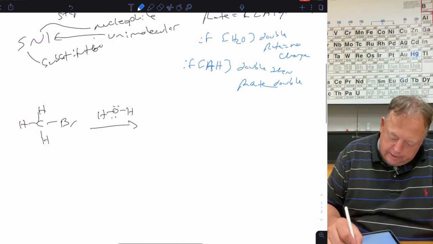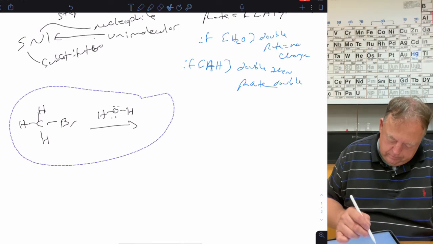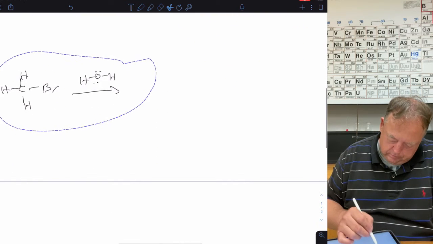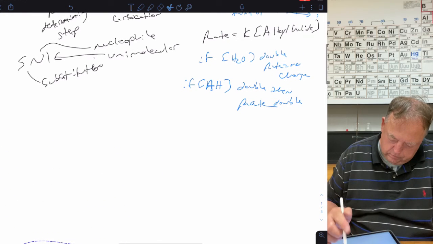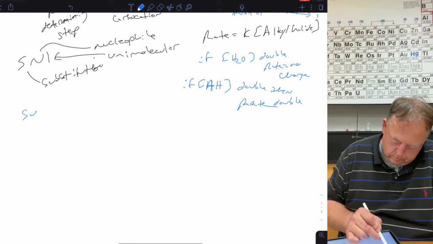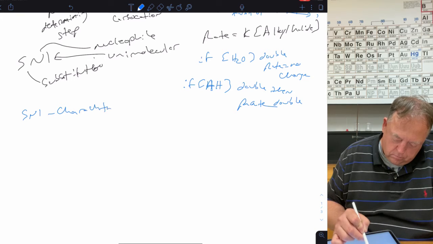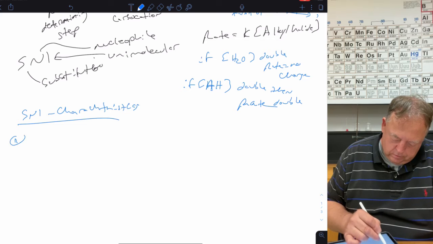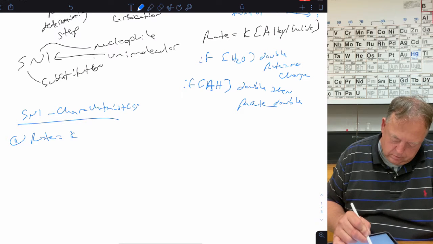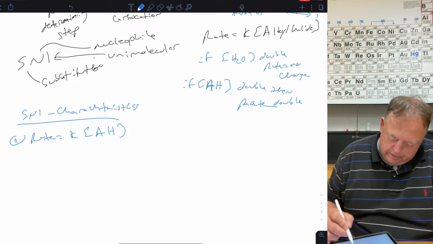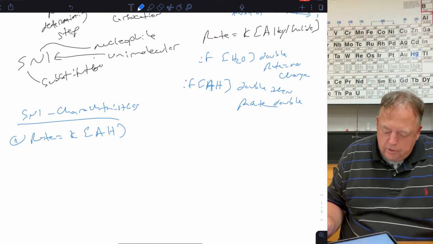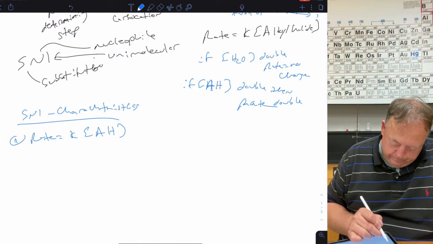Okay, so that's one of the characteristics of an SN1, that the rate only depends on the concentration of the alkyl halide and not the nucleophile.